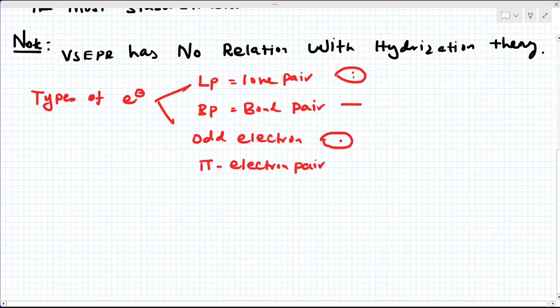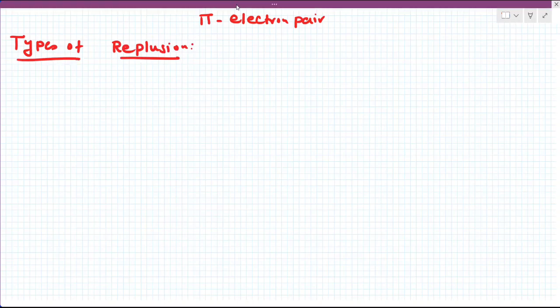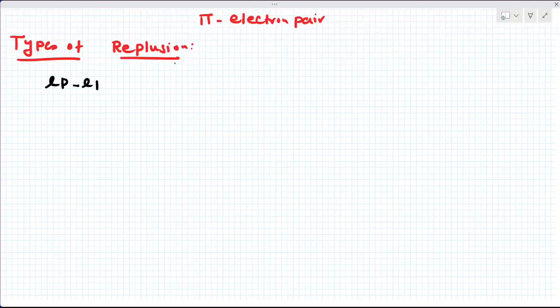Now types of repulsion, please know. Very important. At BSc and MSc level, please note: first the lone pair-lone pair repulsion, then lone pair-pi bond repulsion, then lone pair-bond pair repulsion, then lone pair-odd electron repulsion.